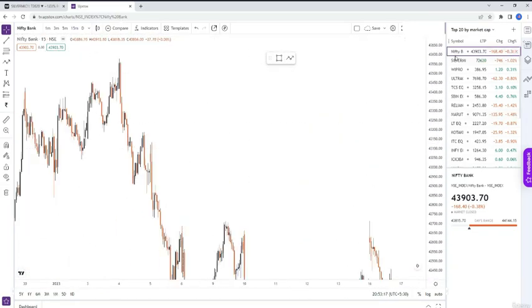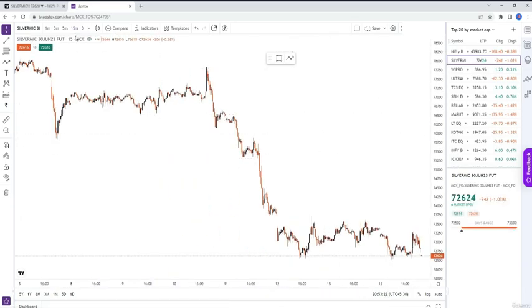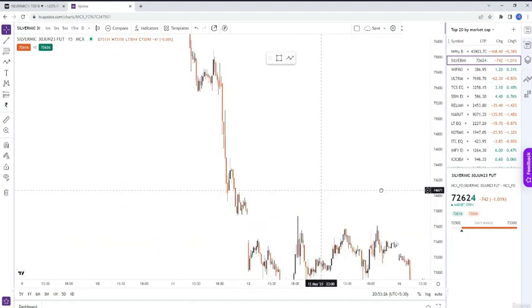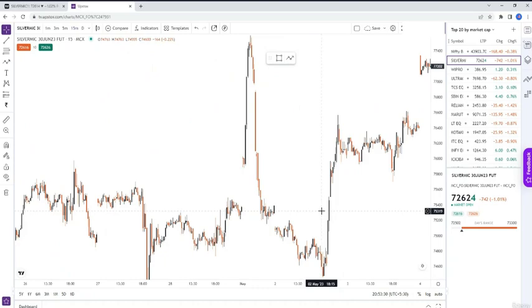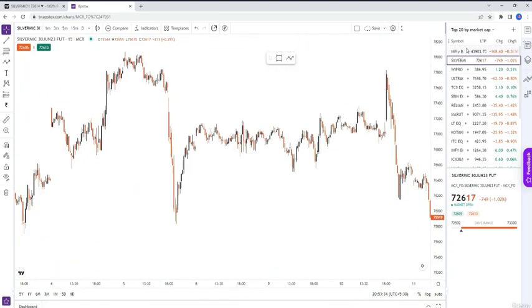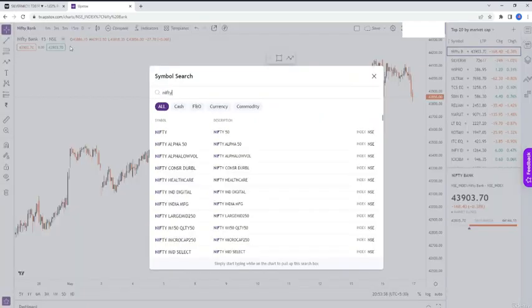For example, let me go to some other chart in order to show you how it looks. Let me try Nifty, relevant to our course.